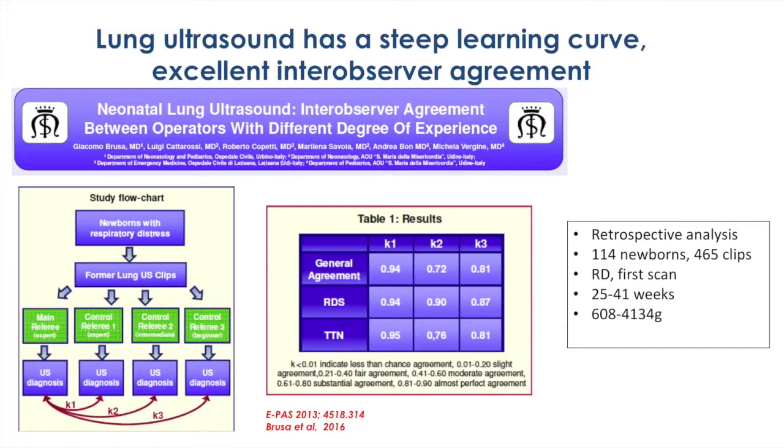And the study shows agreement between the two experts, key one, agreement between one expert and the intermediate, key two, and the agreement between the first expert and the beginner, key three. The study shows an excellent agreement between all 3 levels of expertise, 0.81 to 0.9 being perfect agreement.